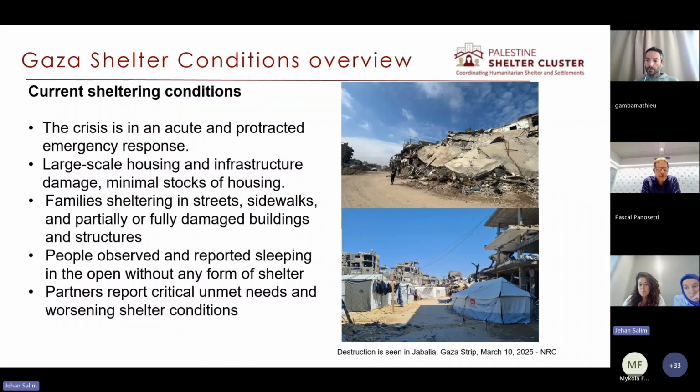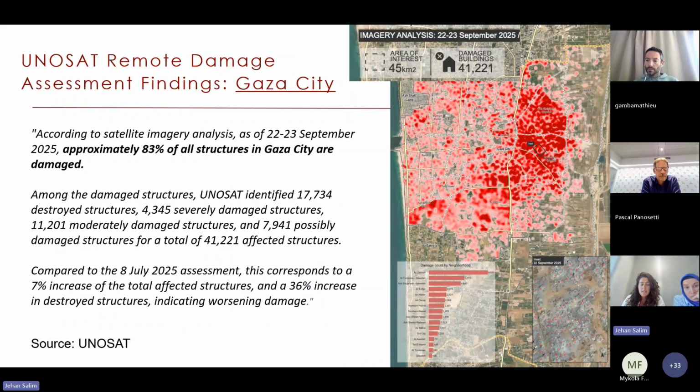I'll show an example. This is a map of Gaza City. We took it as an example because it's the highest density area with the highest destruction among the 4 areas in the Gaza Strip. 83% of structures are damaged.